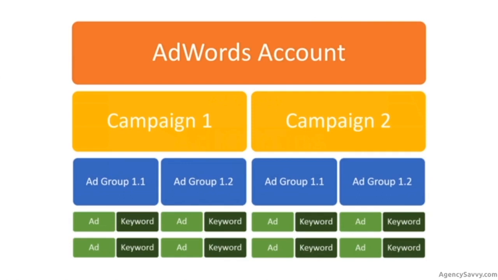Now, remember, we talked about the difference between keywords and search queries. And so we're going to put different keywords that have different intent, maybe selling different products and different services, in different ad groups. So, for instance, our Samsung TV keywords might go in one ad group. Our Sony TV keywords might go in a different ad group because we want to show an ad that talks about Samsung TVs and that takes people to the Samsung TV page of our website.